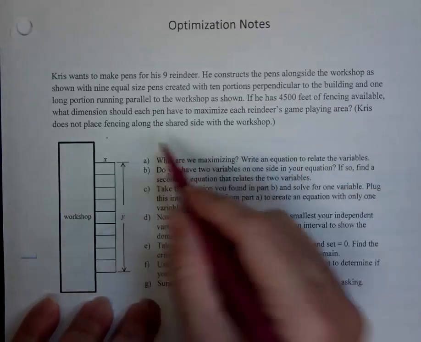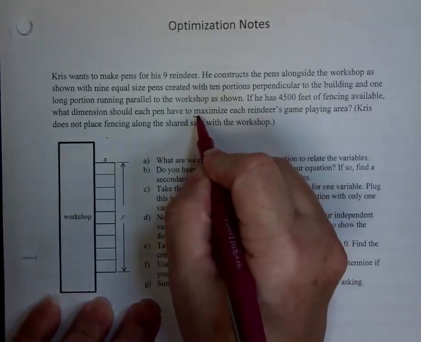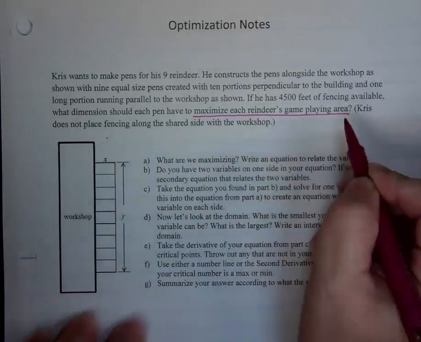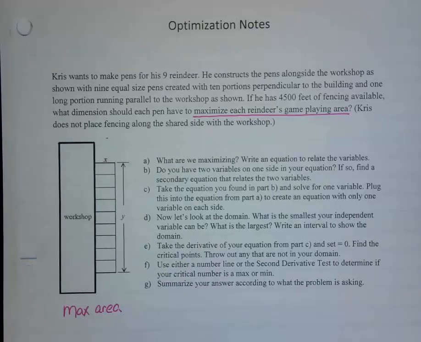Look in the question, what am I maximizing? Reindeer's game playing area. So I am maximizing the area. I always like you to write that down because you're going to be creating several equations, and it helps to write those in words because the one you're taking the derivative of is the one that deals with area. Okay, so I need to move this up, I see.